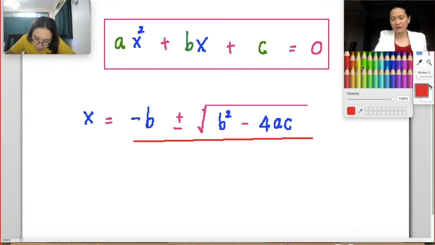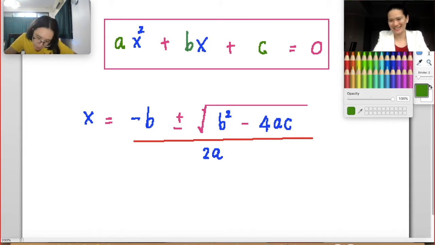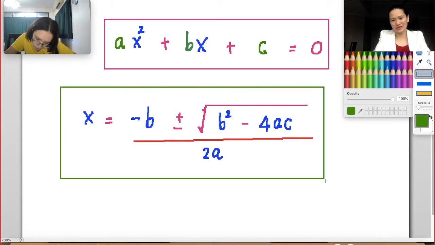Don't forget this formula, really important. You have to remember this one and understand it. Have you learned about this before? Yes. I believe that everyone learned about it. If you are in high school, you have to learn about this one.